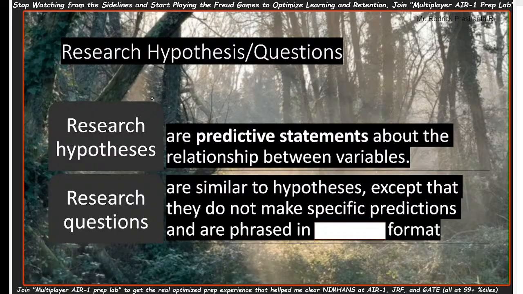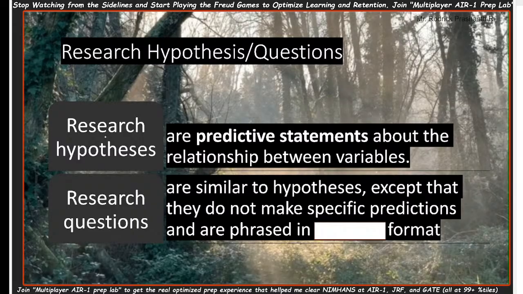Okay. For example, if research hypothesis is like IQ is correlated with academic performance, or you could say GPA. All right. So this is a predictive statement. It's significantly correlated. You could even say statistically at this particular significance level and stuff.